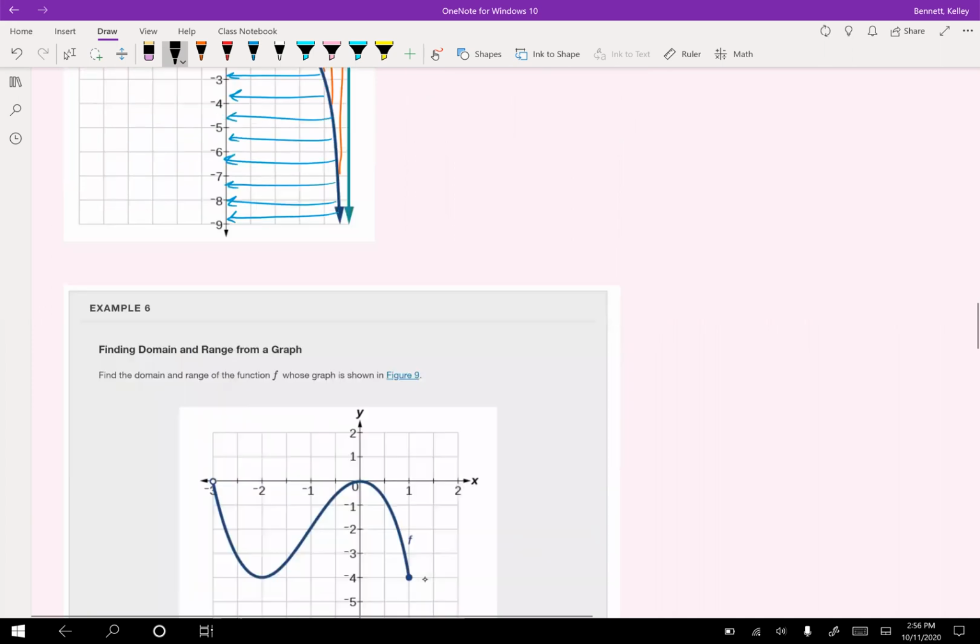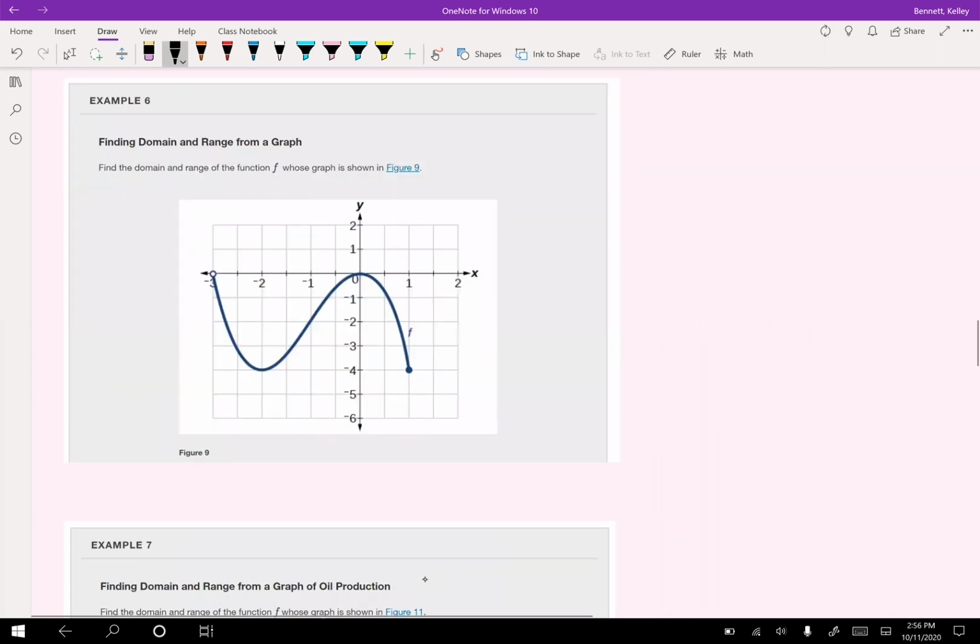So let's try it one more time here. Notice we've got a slight variation. We have an open dot on one end and a closed dot on the other. So this is a little bit trickier. Again, we want to look at all of the x values. I'm not going to include x equals -3 in my domain because I have an open dot there.